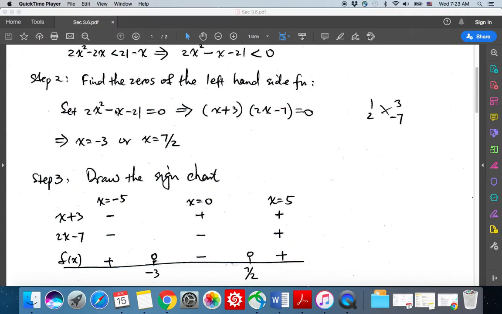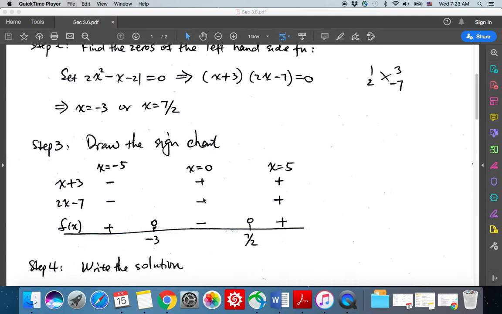Since this polynomial has been factorized in earlier steps, we can determine the sign of each linear factor and then use the sign of the linear factors to determine the sign of the polynomial. So our linear factors include x plus 3 and 2x minus 7. When x equals -5, each of these linear factors is negative. When we multiply two negatives together, we're going to get a positive. So that's going to be the sign of our polynomial for this interval.